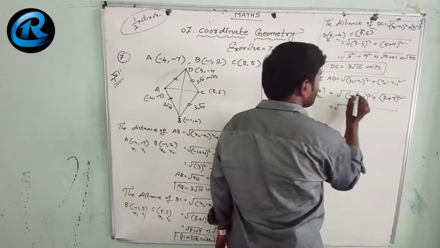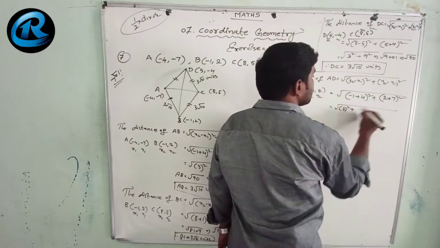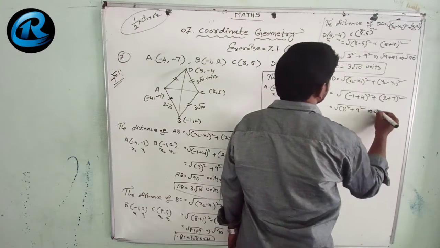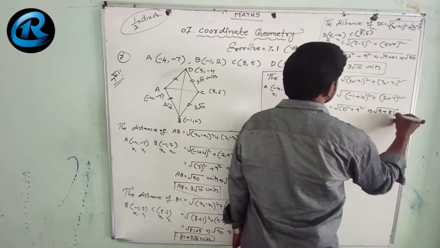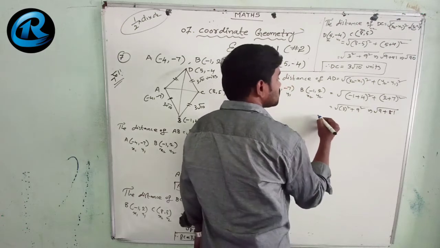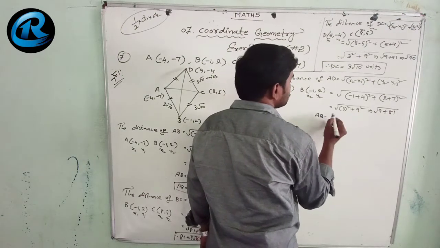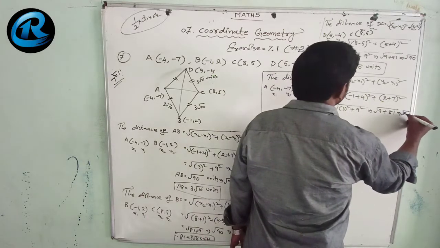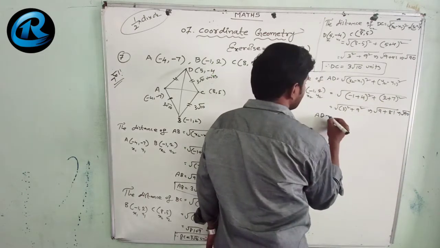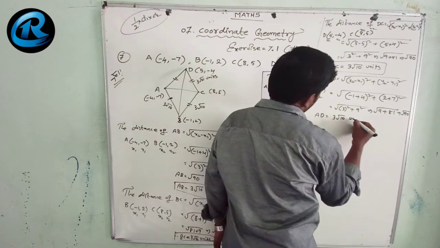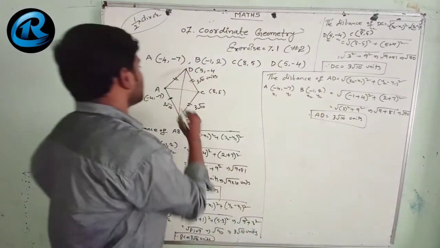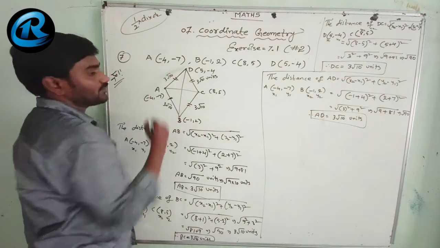That equals 4 minus 1, that is 3 square, plus 2 plus 7, that is 9 square. So that will give us again 9 plus 81 under root. So here AD equals root 90, so AD equals 3 root 10 units again. So here also we can confirm that this is 3 root 10 units.